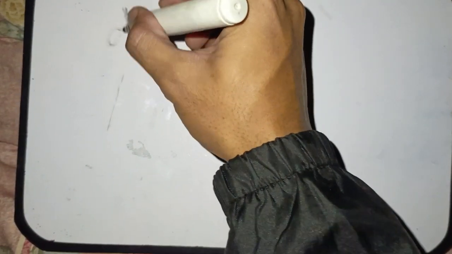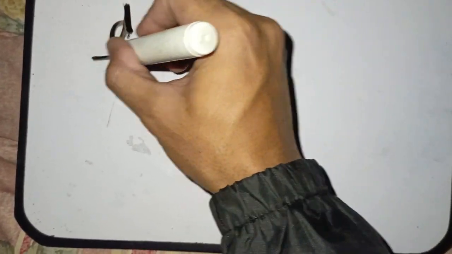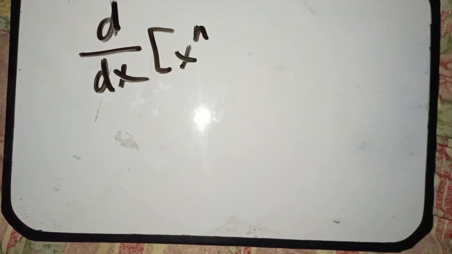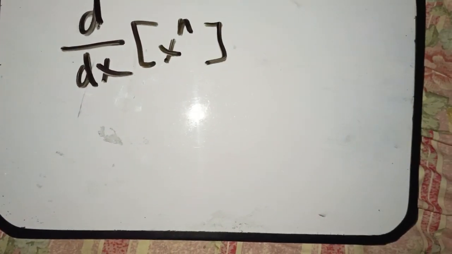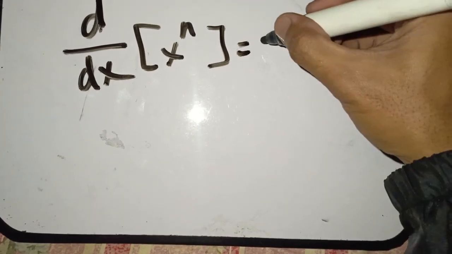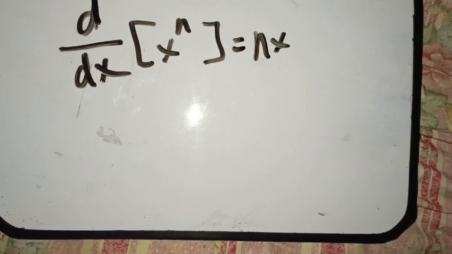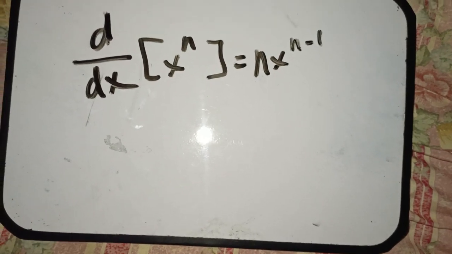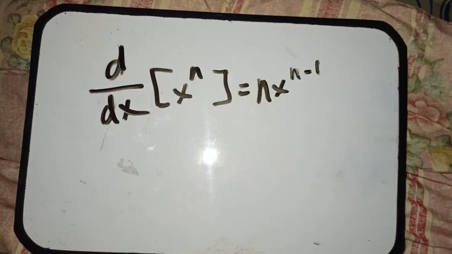Now, using the power rule, d over dx of x^n is equal to n x^(n-1).